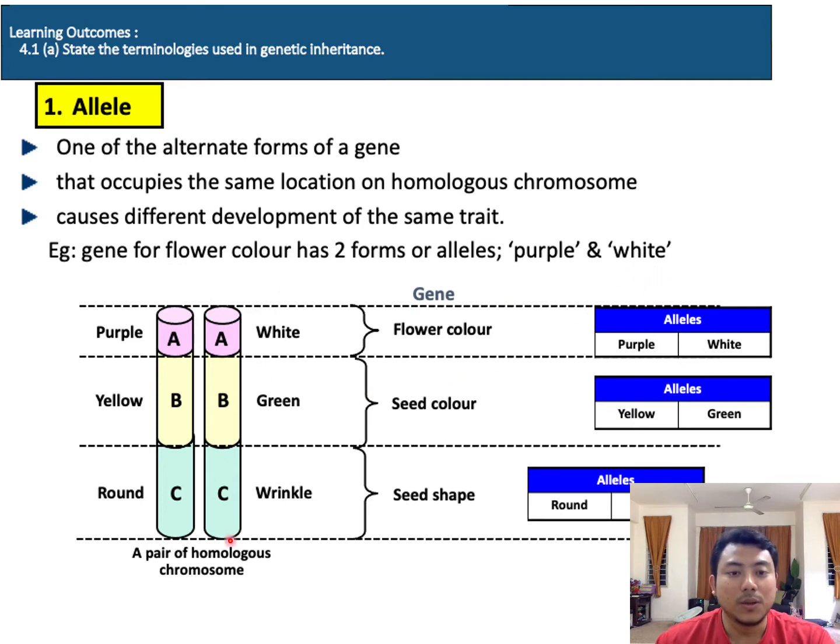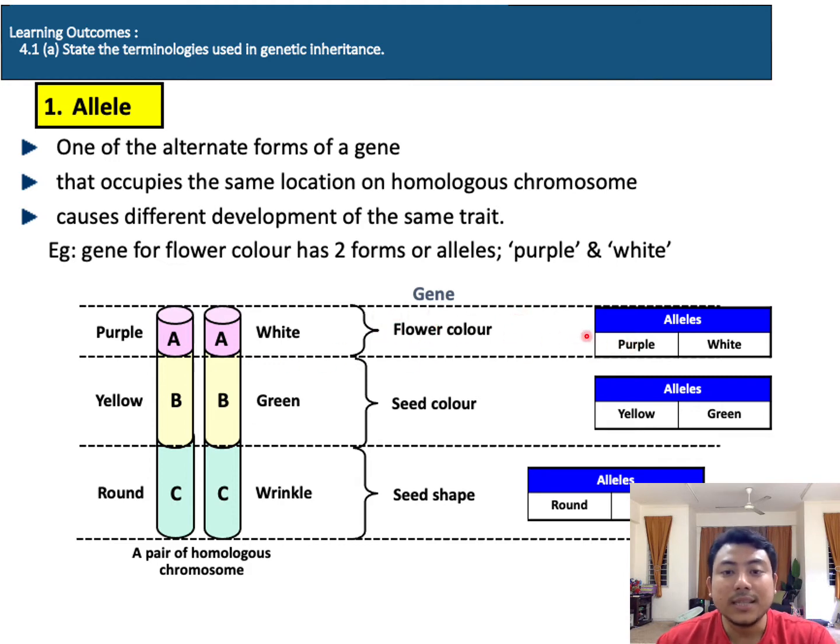Okay, so these two cylindrical structures are actually a good diagram showing you a pair of homologous chromosomes. Remember, from my previous diagram, I've shown you that in the human karyotype, chromosomes come in pairs. So come back here again. What about allele?